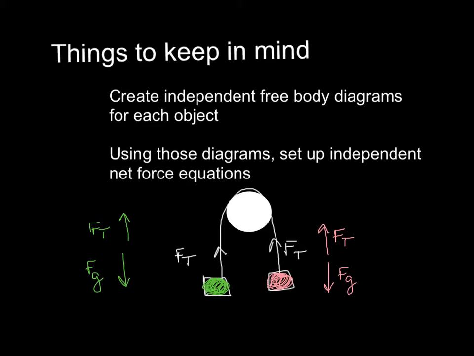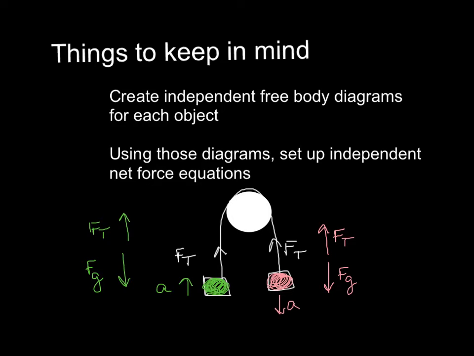And then we're going to set up independent net force equations. So we're going to assume some things. If this is a bigger mass, we're going to assume that the acceleration is downwards, and the other one, this one's going to pull down and this one's going to pull up. So our accelerations are going to be in opposite directions.